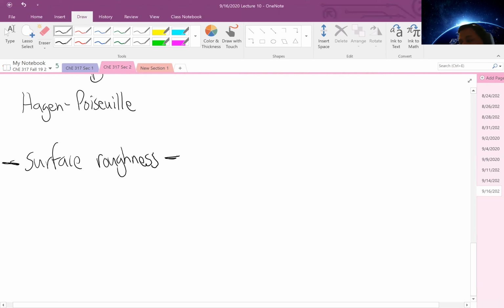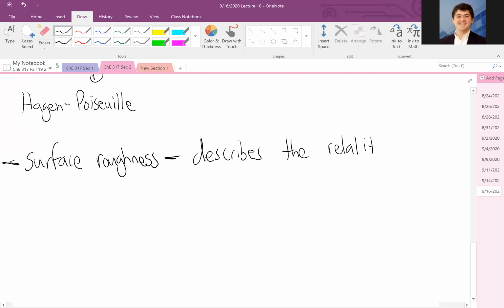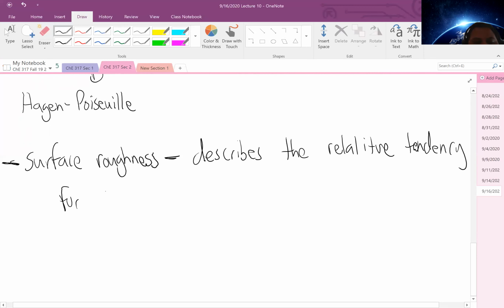Surface roughness describes the relative tendency for shear to exist on, or I should say at, the solid fluid interface.